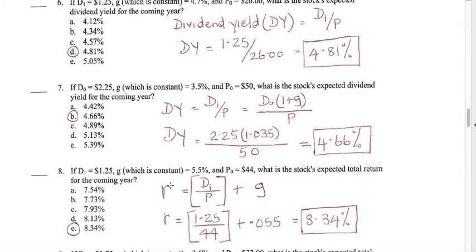The total return R is equal to your dividend yield plus g. That is D1 over the price plus g. You're given D1 over the price of $44 plus 0.055, which is your growth rate. Therefore, the total return for the coming year is 8.34%.